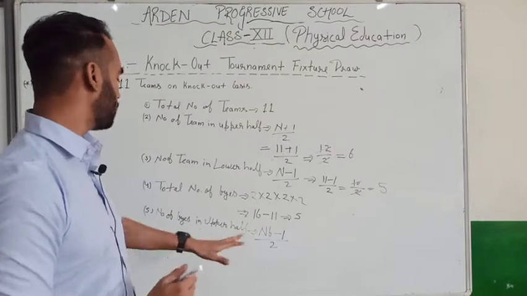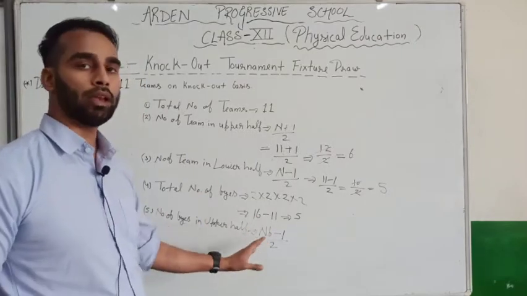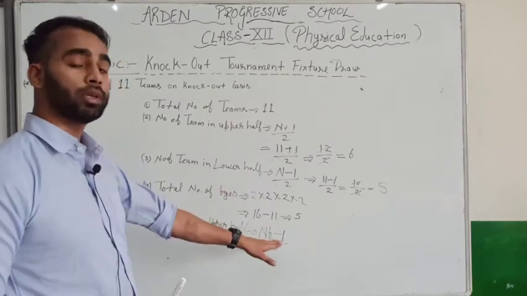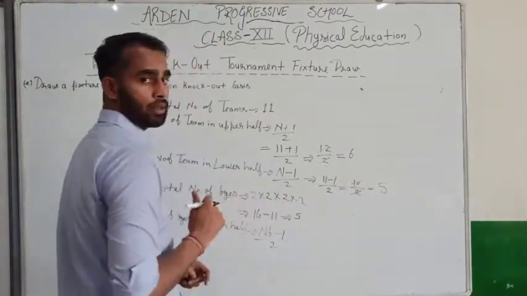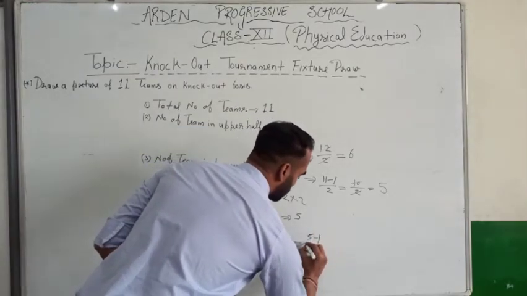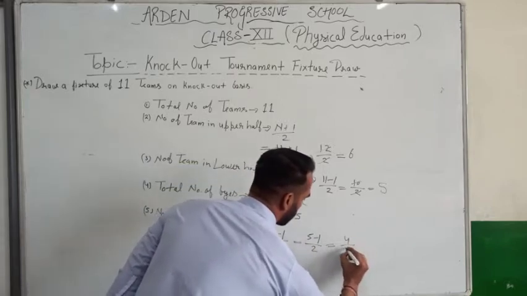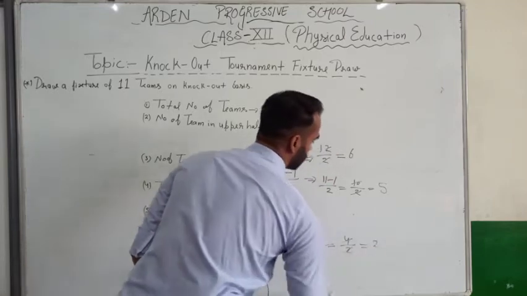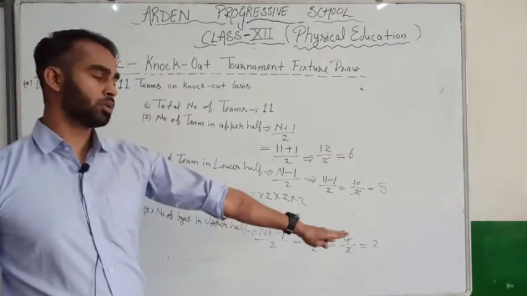Okay, so in the formula for the number of byes in the upper half, NB means number of byes, and the formula is (NB-1)/2. Okay class, so how many total byes are there? 5. So (5-1)/2 is 4 upon 2, divided, so 2. Okay, so the number of byes in the upper half is 2 byes.